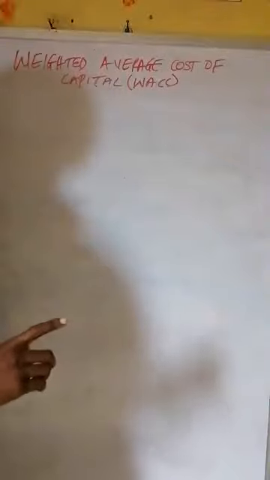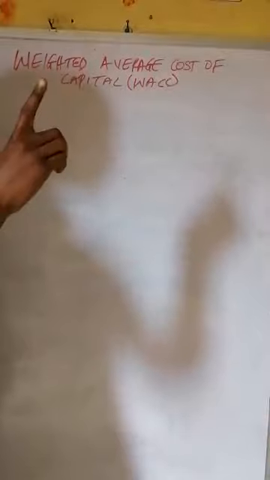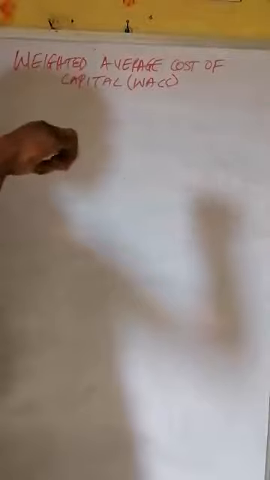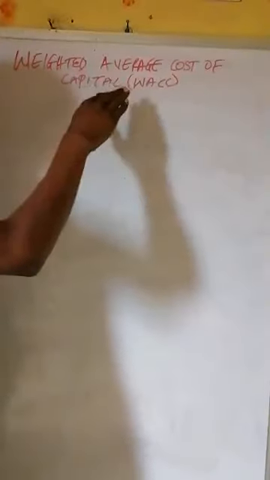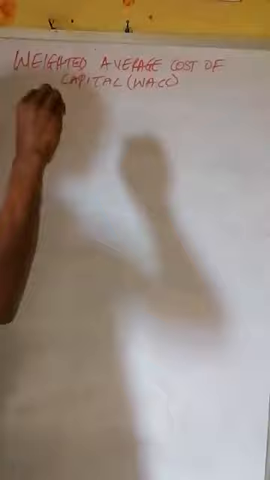Therefore, there is a need to look for the average of all these sources of capital, in order for the company to have a single cost of capital, which is the average cost of capital of the components of the three sources. That is why we now come to what we call the weighted average cost of capital, which is WACC.